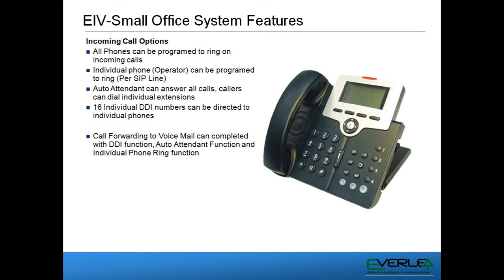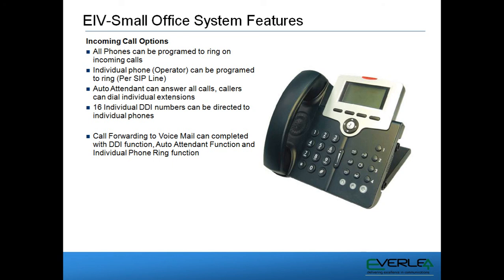Also, we have call forwarding options to either voicemail, so we can go to the individual's extension's voicemail or the operator phone's voicemail box, or of course we can actually call forward through to cell phones or answer services or other numbers.